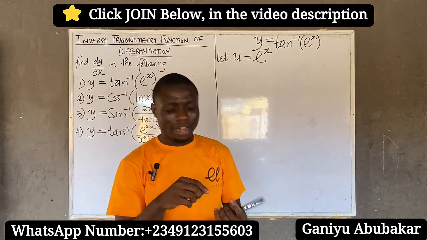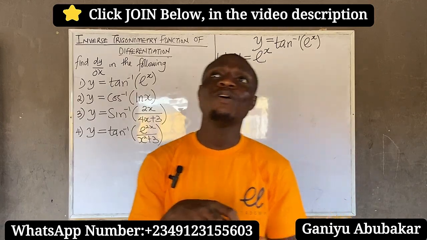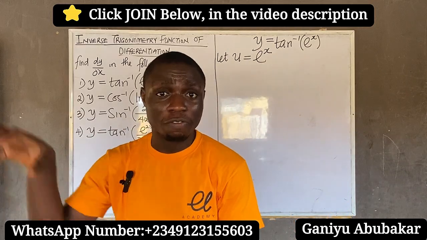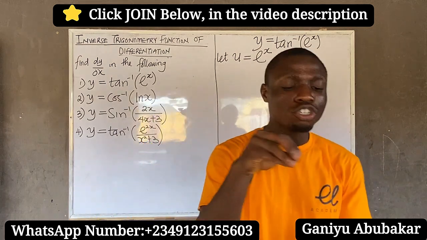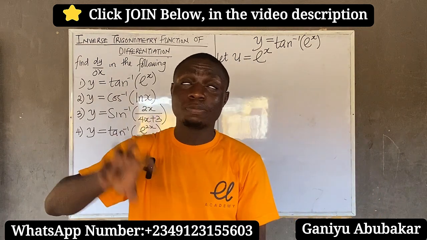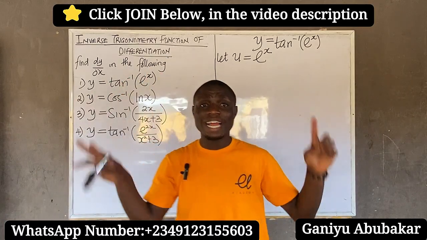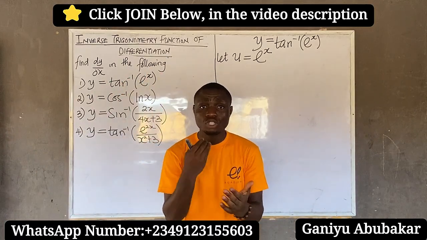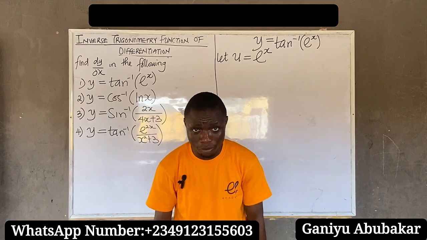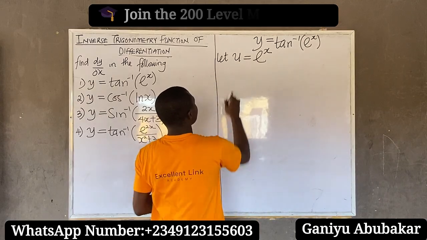For those that have watched my class from the beginning, I've explained the idea of exponential function of differentiation. In fact, I even showed people shortcuts in that video, how you can differentiate exponential function using shortcuts. I'll leave the link to all these classes in the description so that you can make some revision for yourself. If I differentiate exponential x, I'm having u and x.